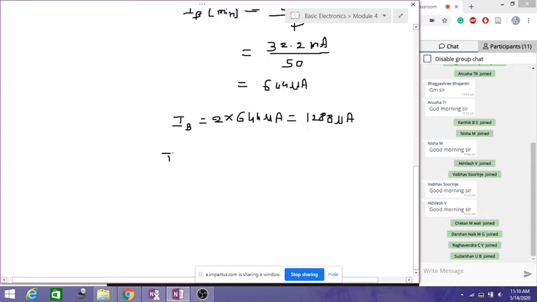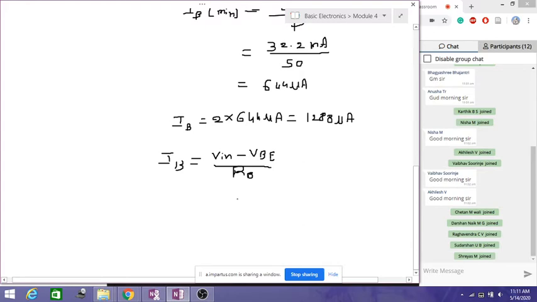Now we know the equation for the base current, IB is equal to V in minus VBE, if you apply KVL across the input, divided by RB.